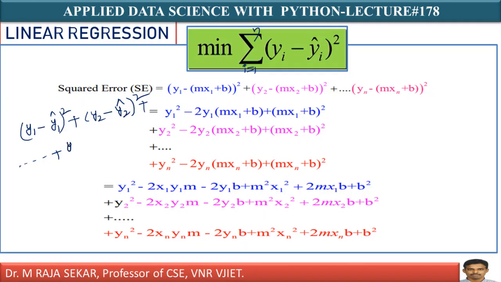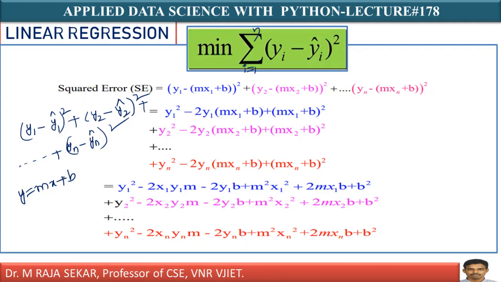Therefore, I can say yn minus yn cap whole square. This is the squared error, isn't it? Here I am going to call the line y equal to mx plus b. This is our traditional notation. In school, we used to write the line equation as y equal to mx plus b, isn't it?